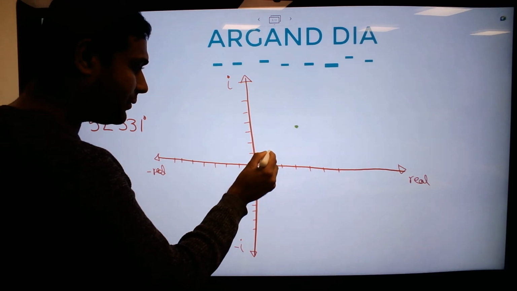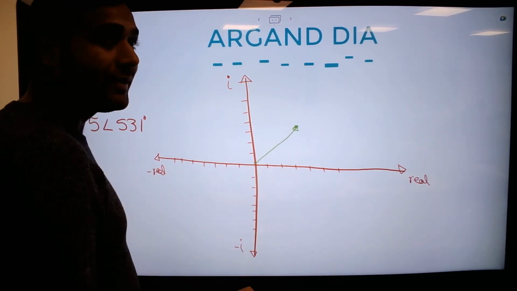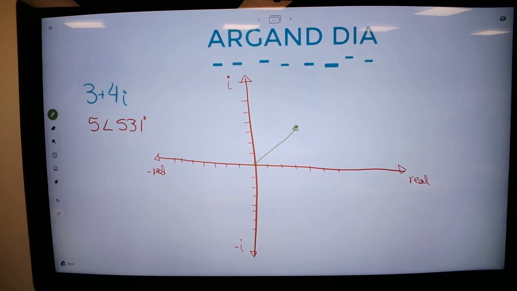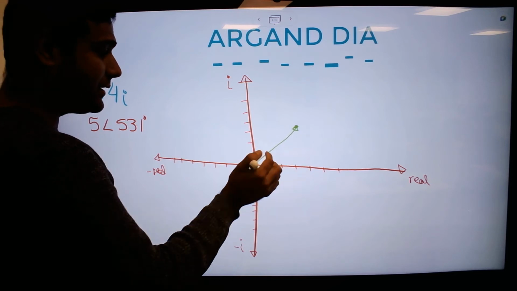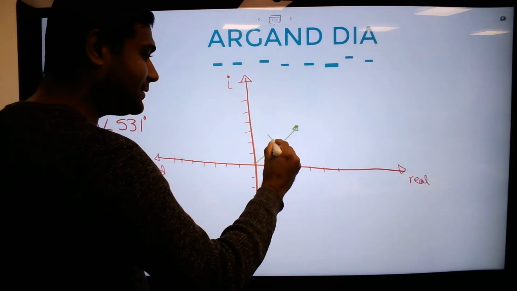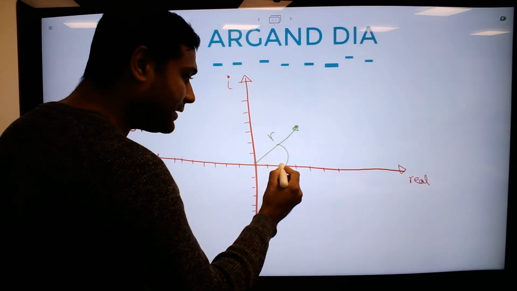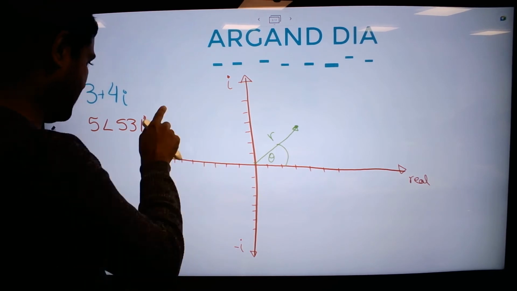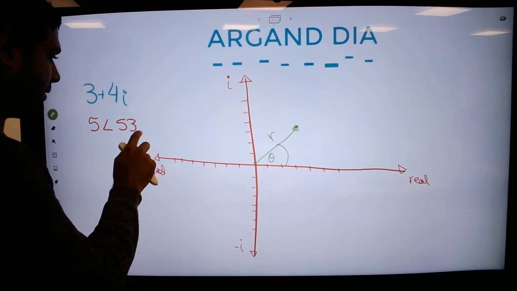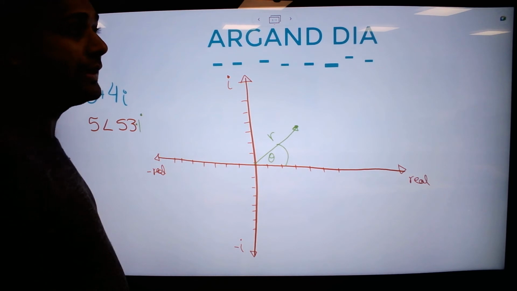If I join that with a straight line, and I measure the line, if this is 1 centimeter, when I measure the line, this is going to be the R, which in that case is 5, and if I measure the angle theta, that is going to be 53.1 degrees.